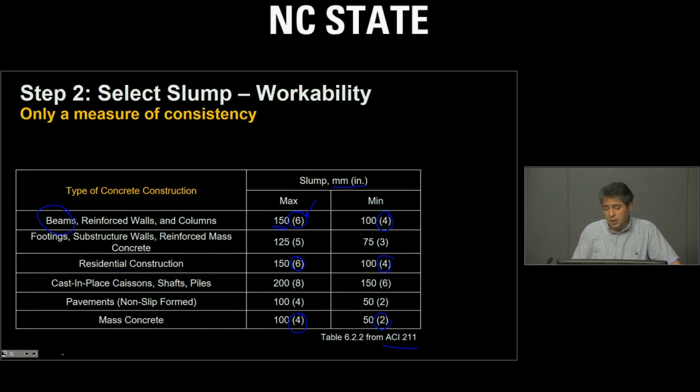Generally, you would be better off if you use 6 inches in these cases, because if you don't get the slump right, someone else will, and you don't want that to happen. I will talk about that a little bit. So we use this table from ACI 211 to select slump for our concrete mixture.